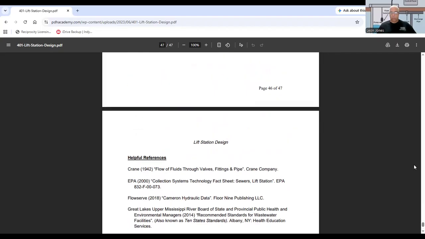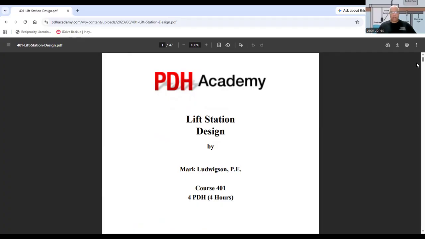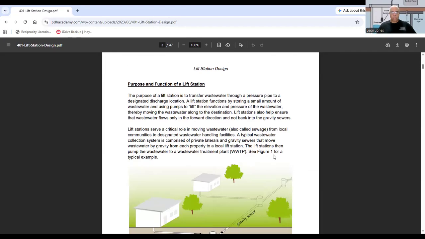But overall, when we go back and find out the purpose and function of a lift station, again, it's to transfer wastewater through a pressure pump to a designed discharge location. A lift station functions by storing a small amount of wastewater and using pumps to lift the elevation and pressure of the wastewater, thereby moving the wastewater along to the destination.